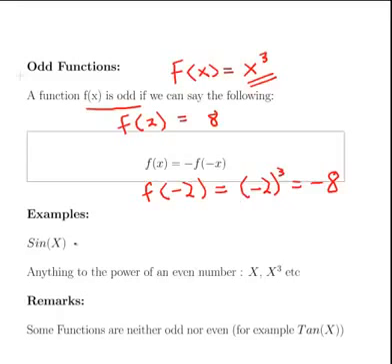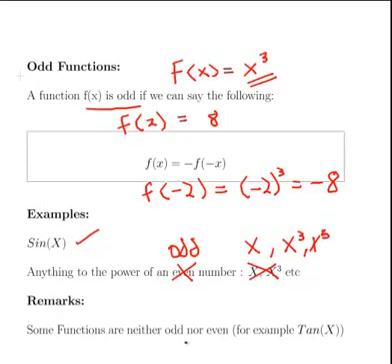A very well-known example there is sine of x, and anything to the power of an odd number: x to the power of 3, x to the power of 5, and so on. Okay.